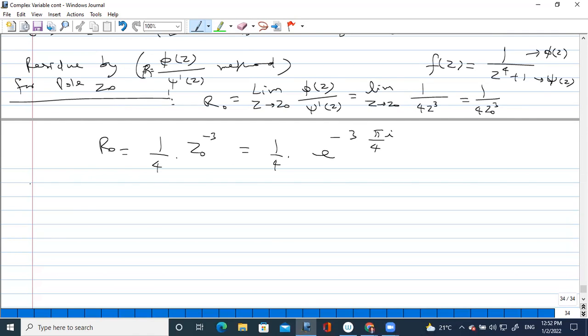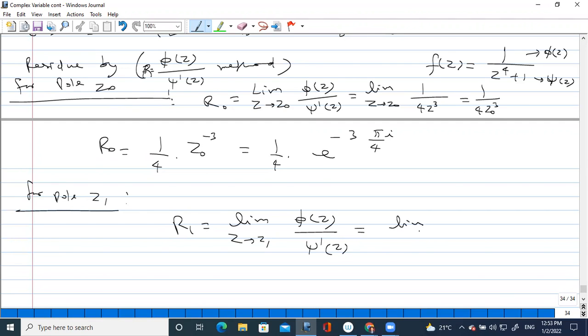Similarly, for pole Z1, Z1 is also inside. R1 will be limit Z tends to Z1, phi(z) by psi dash(z), limit Z tends to Z1, 1 upon 4 Z cube. So that also will be 1 upon 4 Z1 to the power minus 3.